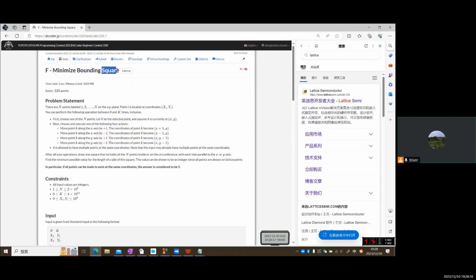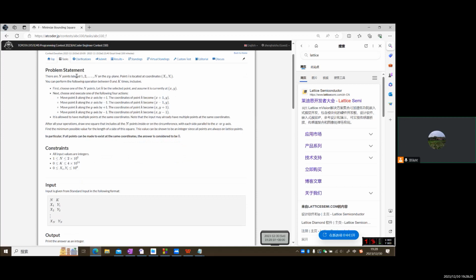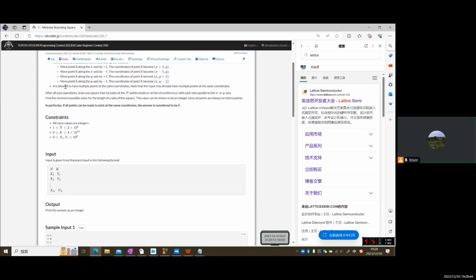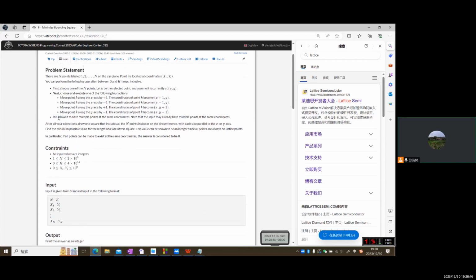Minimize bounding square. Okay, here we have n points. And we can move at least 0 steps and at most k steps. For each step, we can move a point 1 unit in the horizontal or vertical direction.